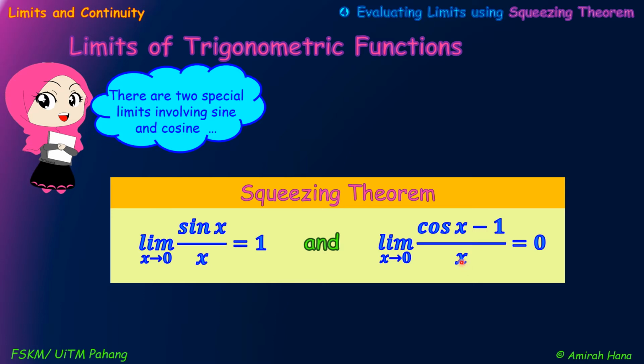This means that if we use direct substitution, the answer gives 0 over 0. But under the squeezing theorem, limit as x approaches 0 of (cos x minus 1) over x equals 0.